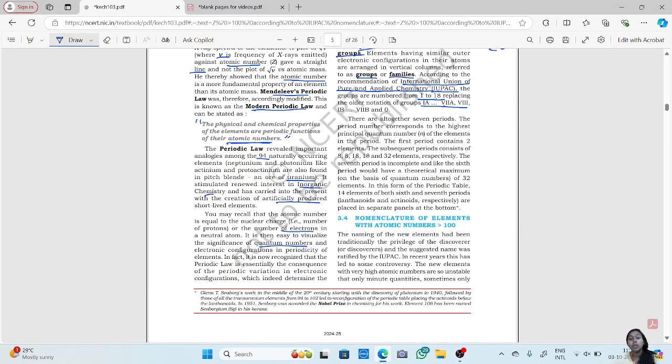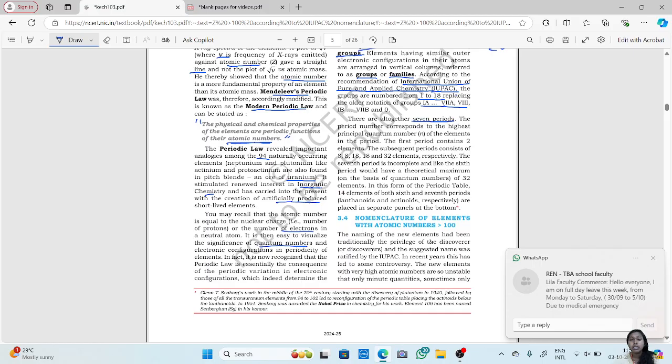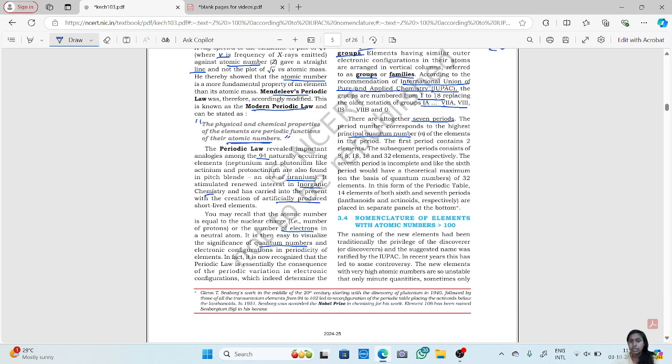Now, there are altogether 7 periods. The period number corresponds to the highest principal quantum number n of the elements in that period.